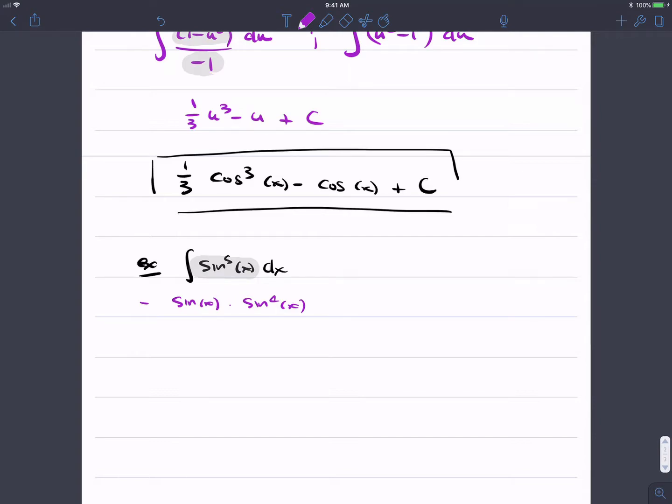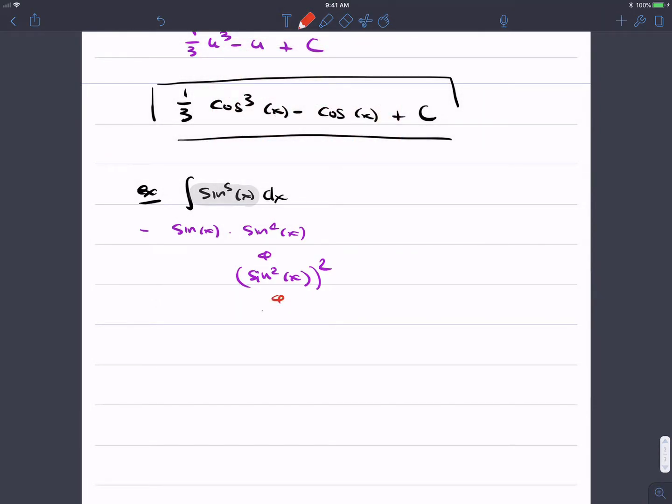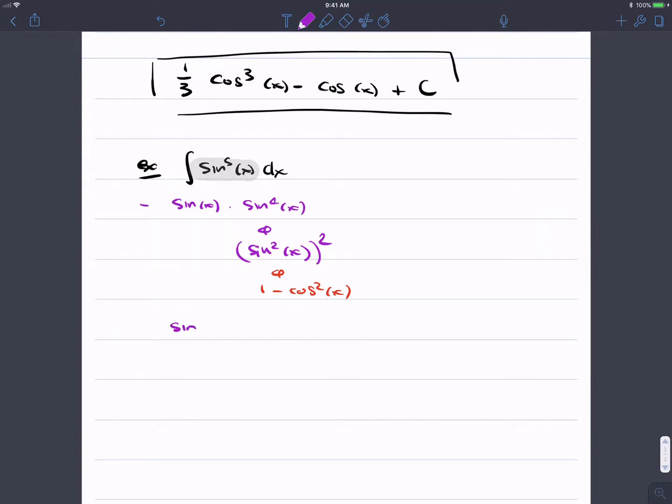And you'll notice that sine to the fourth power can be written as sine squared, squared. And using the Pythagorean identity for sine squared, that's 1 minus cosine squared. Okay. Sine times (1 minus cosine squared) squared.